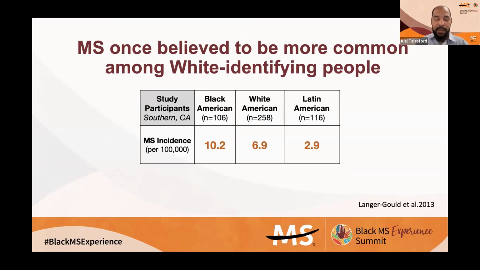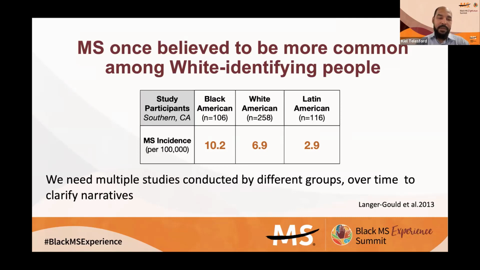And so here we see that in this study group of patients from Southern California, again, looking at ethnicity, so Black Americans, white Americans, and Latin American identifying individuals, that the incidence of MS paints a bit of a different picture, doesn't it? So we see the greatest incidence among Black Americans, and with white Americans being a little over half of the incidence among Black Americans.